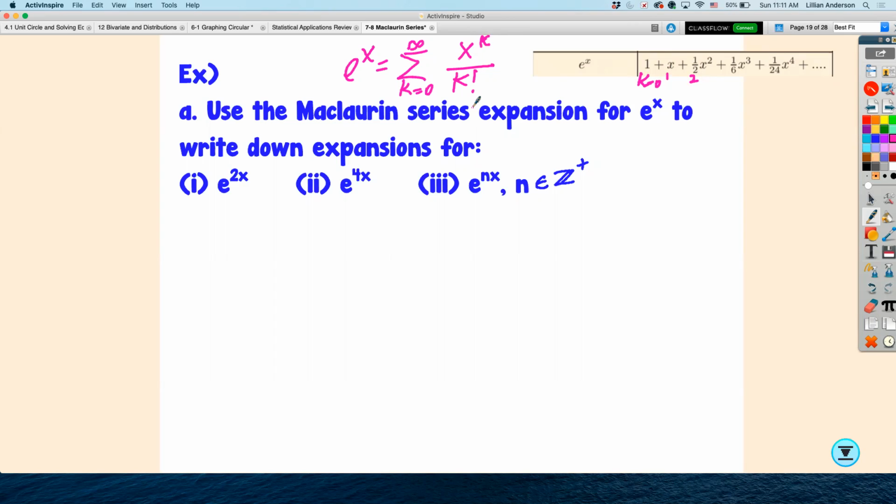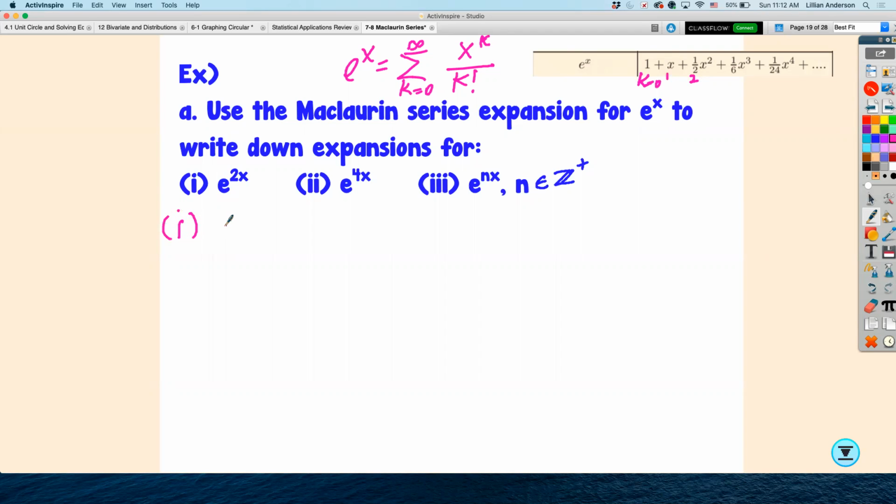So for us to write down the Maclaurin series for e to the 2x and the others, we are essentially doing similarly what we did in the other problems. We're replacing our x with 2x for the first one, 4x for the next one, and nx for the last one.